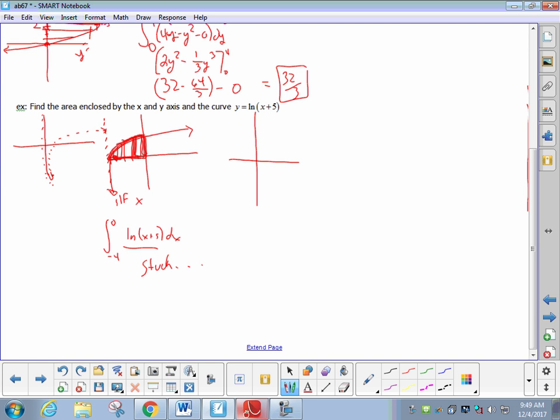Let's say then we try and get unstuck by looking at it from a different direction and use rectangles going this way. The minute you use rectangles going sideways, you're saying, I'm going to use y as the variable of integration.